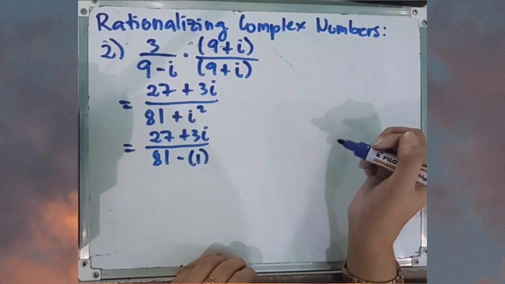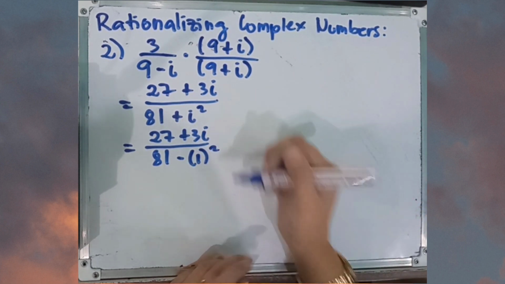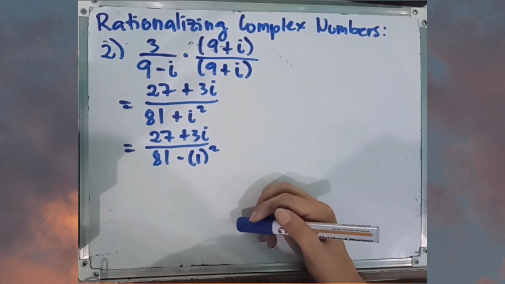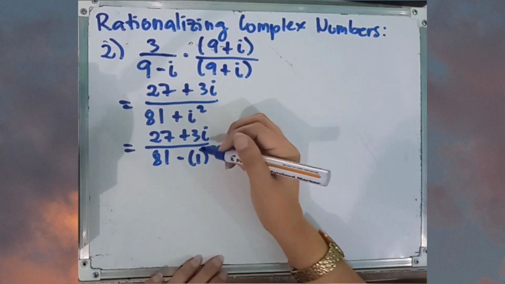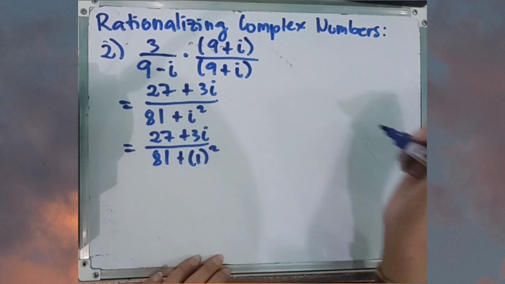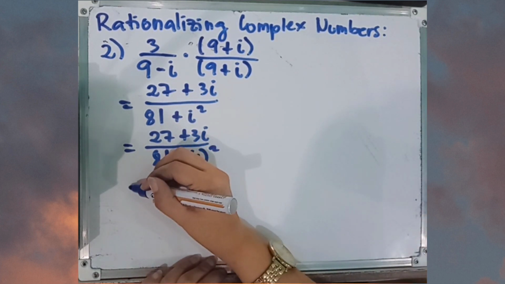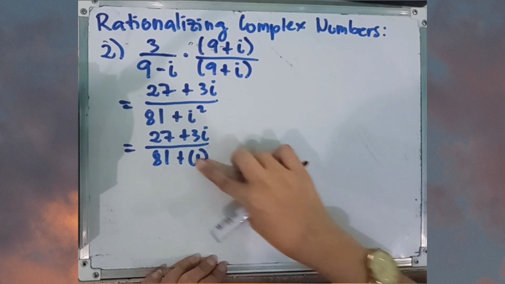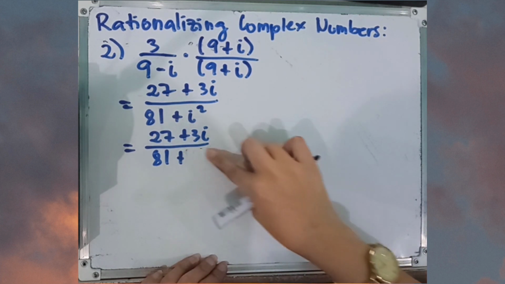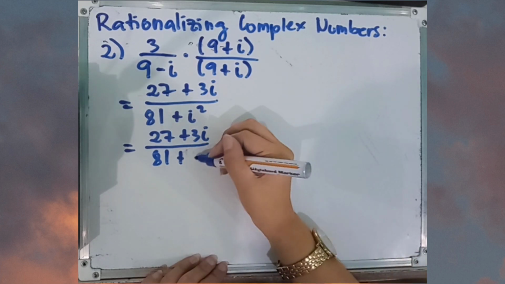It's 81 minus 1 squared. No, I'm sorry. It should be 81 plus 1 squared. And actually 1 squared is simply 1, right? So that's simply 1.